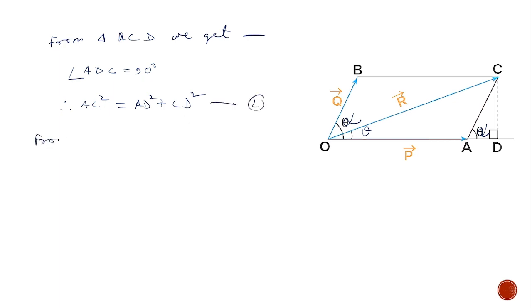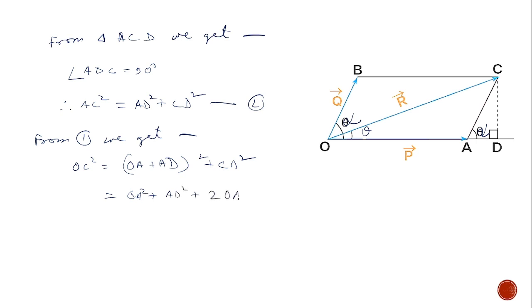So from 1 we get OC square is equal to (OA plus AD) whole square plus CD square, equal to OA square plus AD square plus 2 OA AD plus CD square.